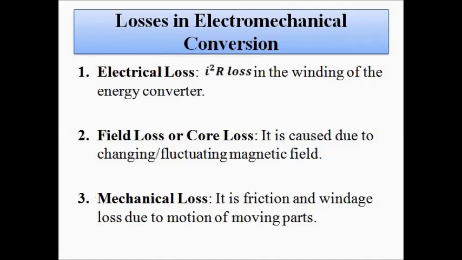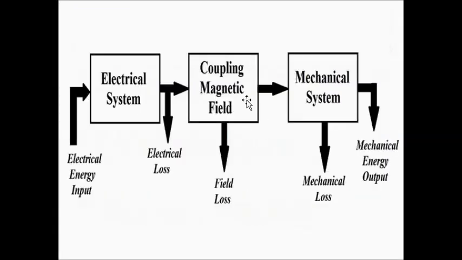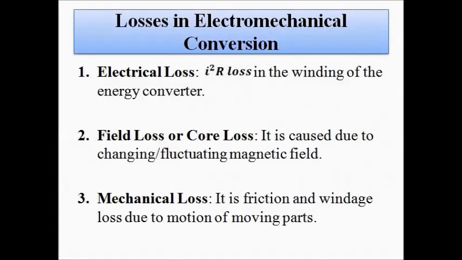Okay, the electrical losses in the electrical system, the I square R loss, which will cause an increase in the heat released in the electrical system. Then we have the field loss or core loss, which is caused in the coupling magnetic field. This is because of the fluctuating or changing magnetic field.